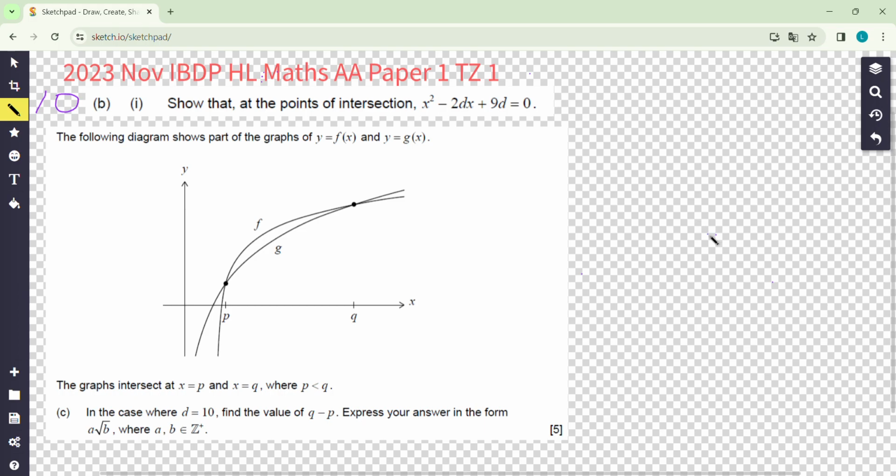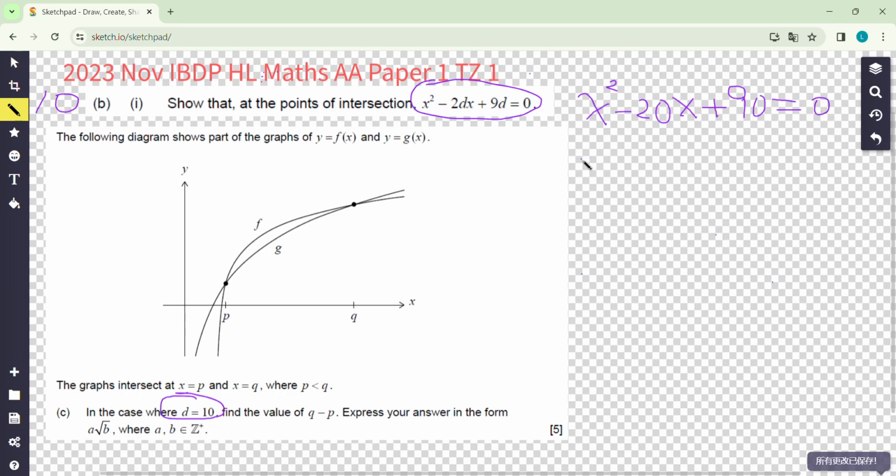You are 2410c. Remember in 10p1 we got the equation. In 10c we assume d is 10, so substitute d equals 10. We have x squared minus 20x plus 90 equals 0.